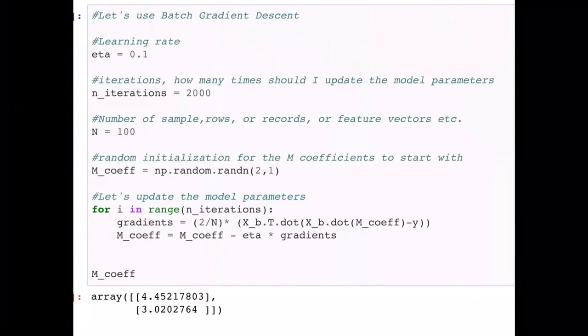And the second problem is trying to identify the learning rate. Here we have considered that the learning rate should be 0.1. What if I started with a learning rate of 10? That means it is quite large. And what if I had started with a learning rate of 0.001 instead of 0.1?